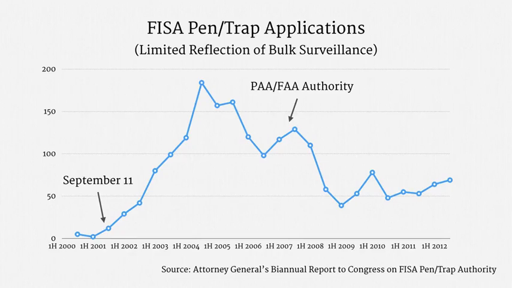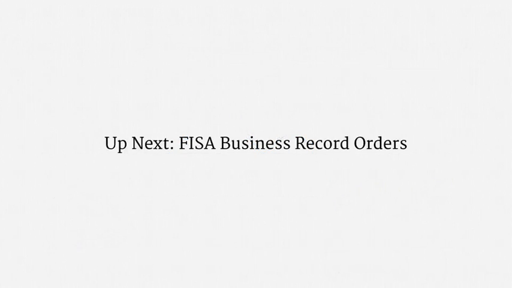That's likely because those new authorities were easier to use, and in particular, didn't require individual judicial authorization. So, that's the story on FISA pen trap orders. In the next lecture, we're going to look at a different type of order under FISA for accessing business records.